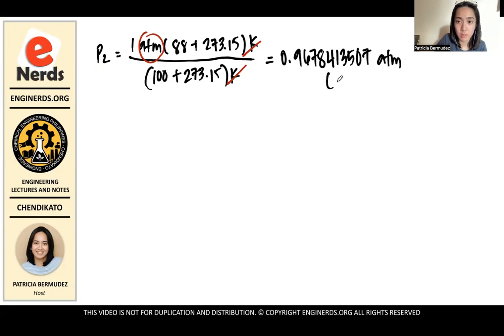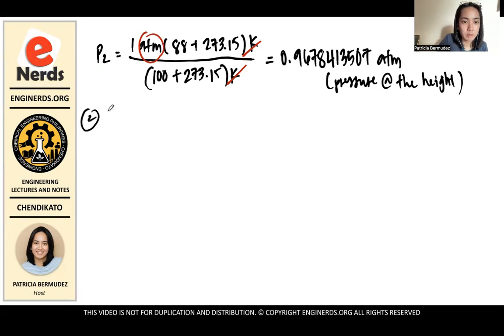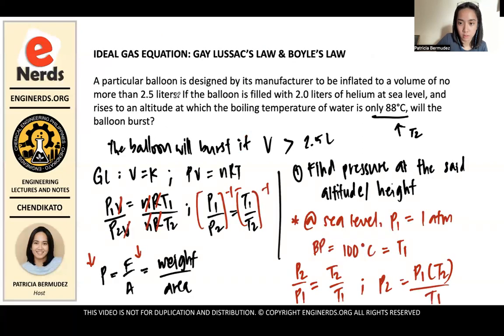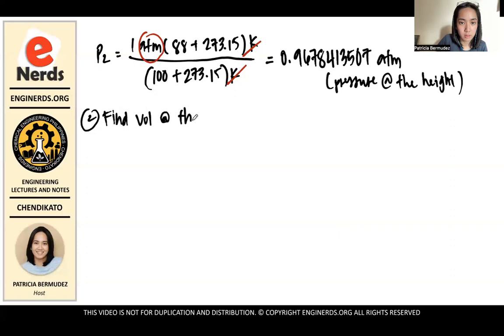And this is the pressure at the height. And now the second step is to find volume at the said height.